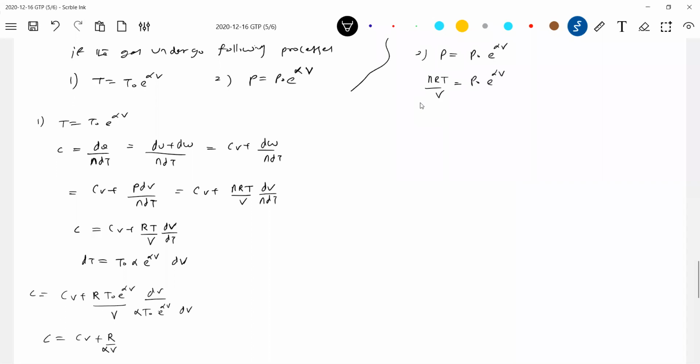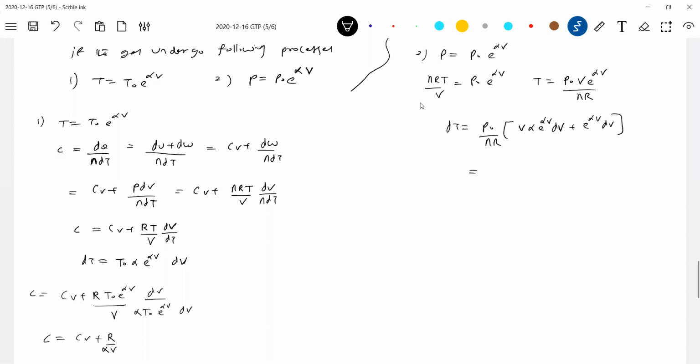So the expression for the temperature T is equal to P naught e to power of alpha V by nR. Okay, this is the temperature we know. So let me differentiate this. dT equal to P naught by nR, V alpha e to power of alpha V dV plus e to power of alpha V dV.